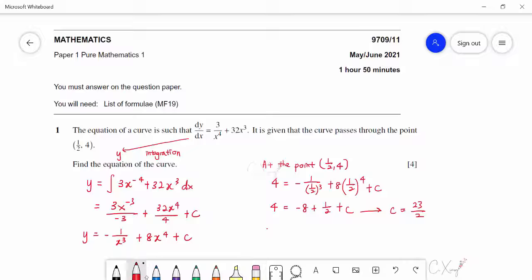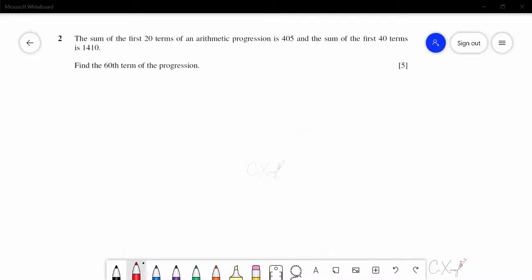And of course, I rewrite the final answer again, where my equation is y equals negative 1 over x power 3 plus 8x power 4 plus 23 over 2. So this is how we solve this particular question.